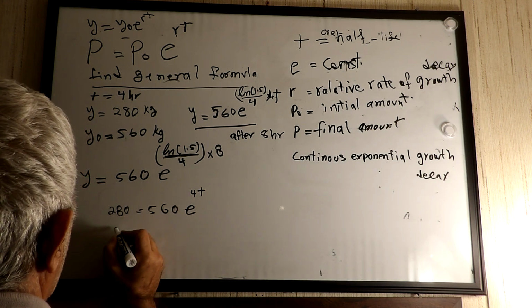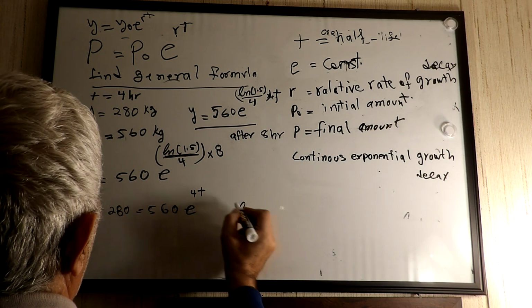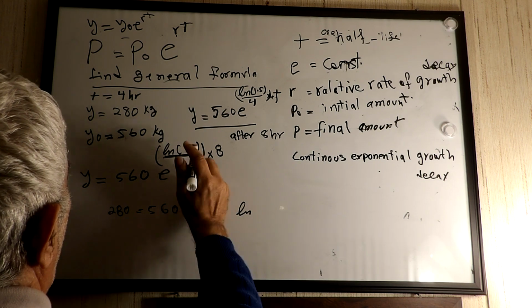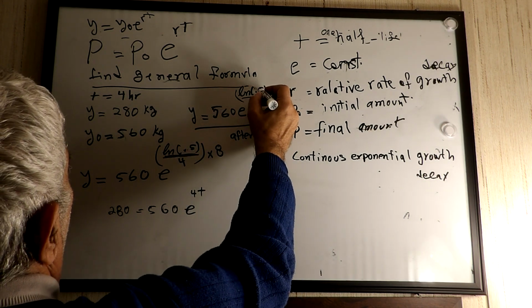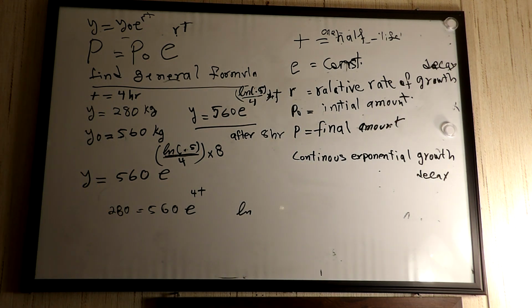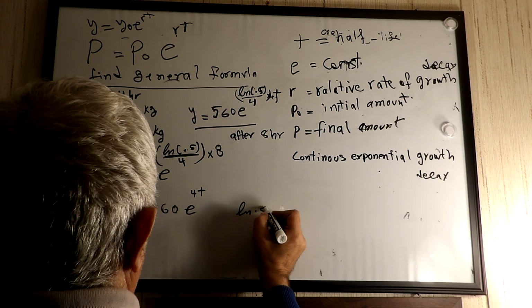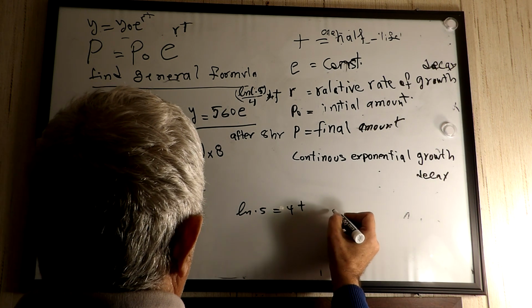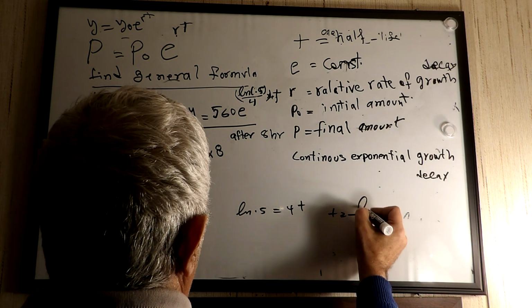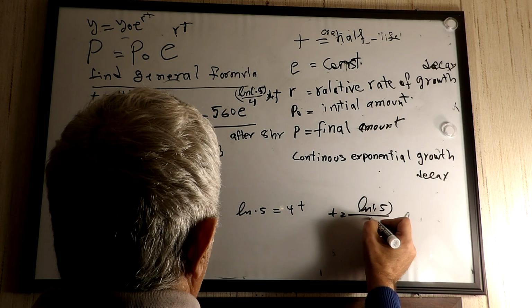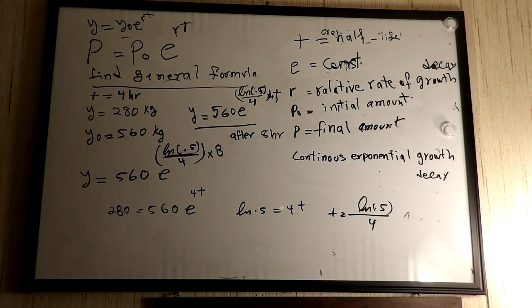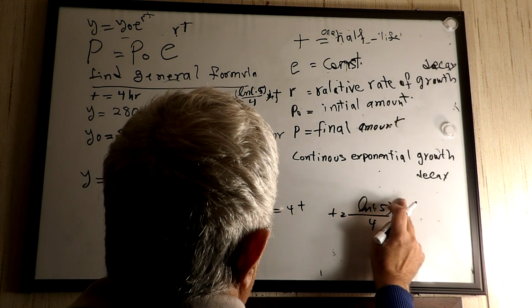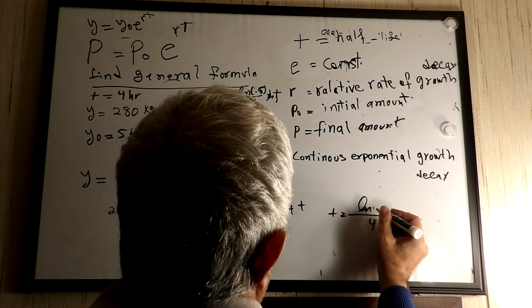What we did, this is going to be ln of 0.5 is equal to 4t. T is equal to ln 0.5 divided by 4. That was 0.5. I wrote 1.5, I mean, it's going to be 0.5.